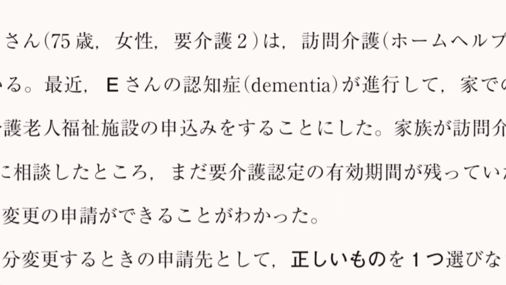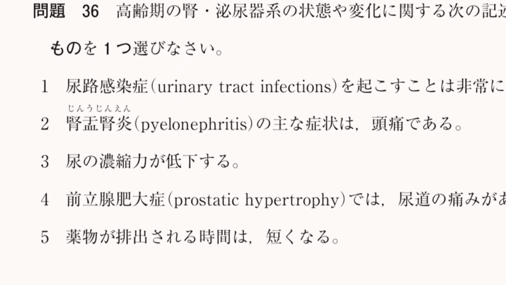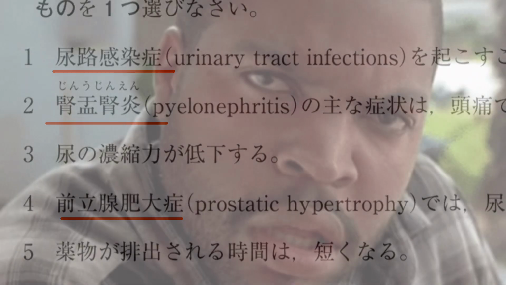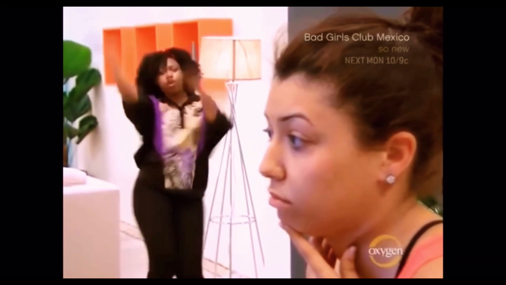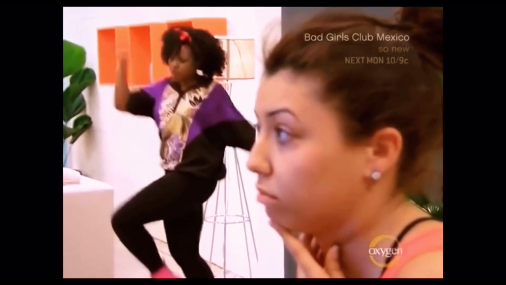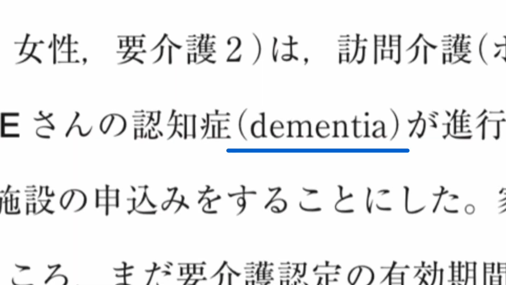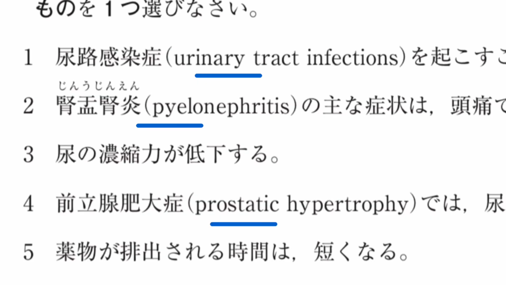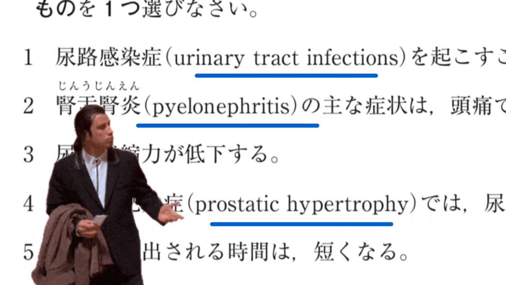The diseases or disorders in the situation will be written in Japanese, but do not worry if you cannot read those Japanese medical terms. I don't understand them either. Because most of these Japanese medical terms will be written with an English translation beside them. You don't understand the English translations as well?